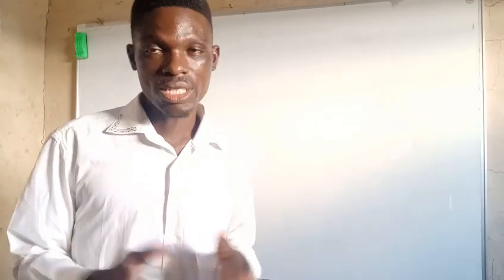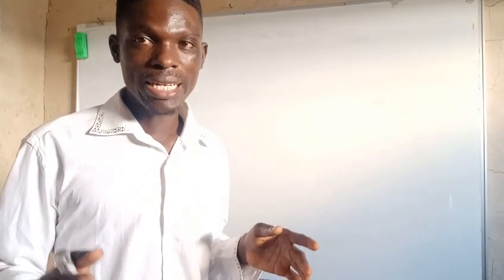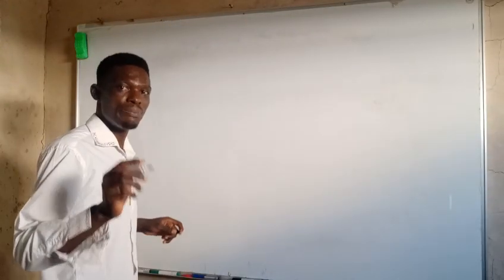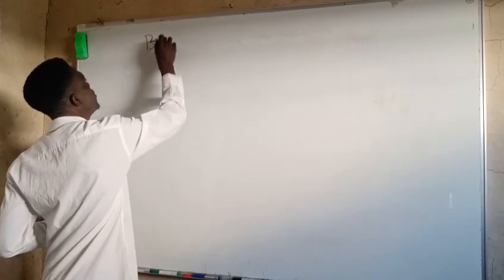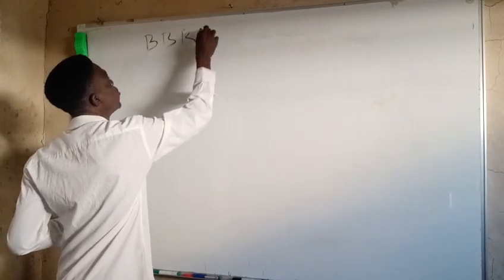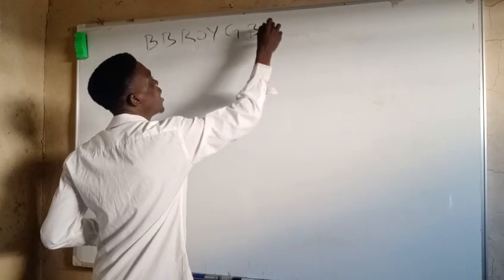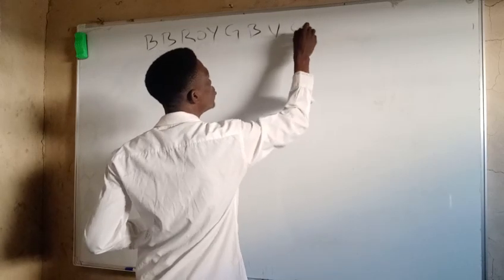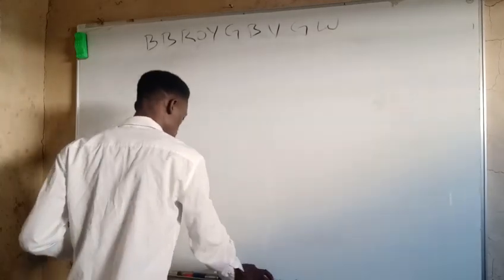And before you arrange it, you start by saying this: Big rule in Great Britain, have a very good wife. You understand? Big rule in Great Britain, have a very good wife.